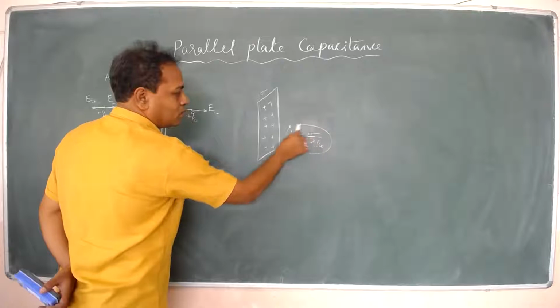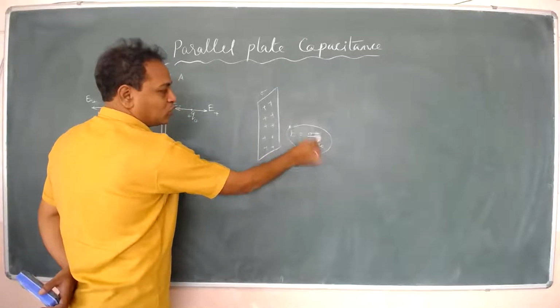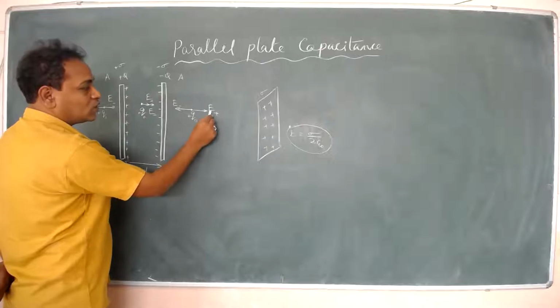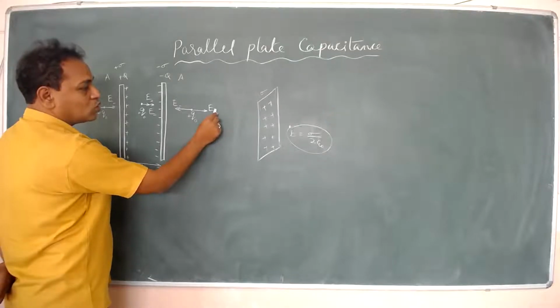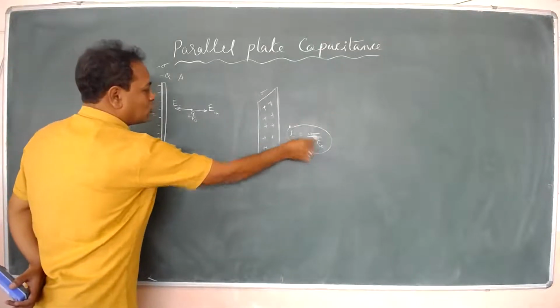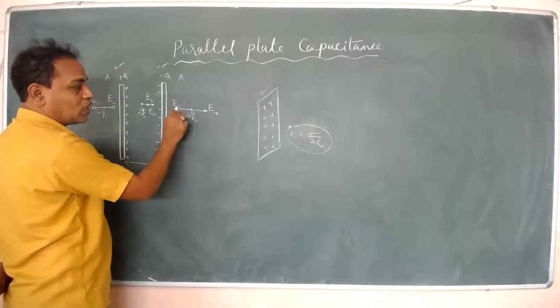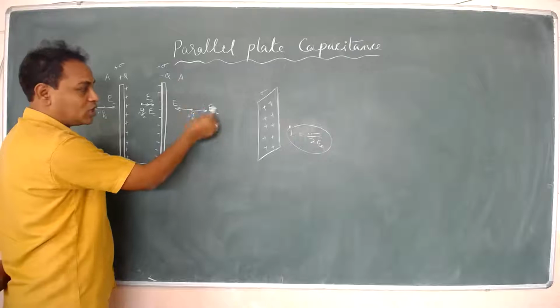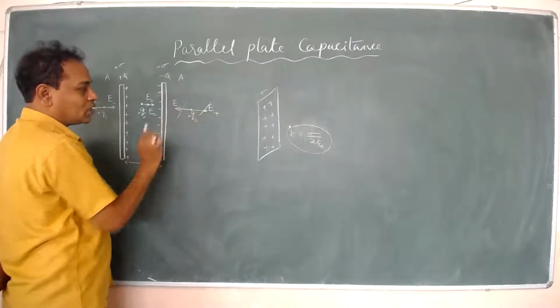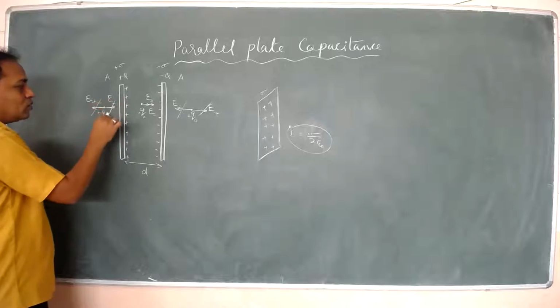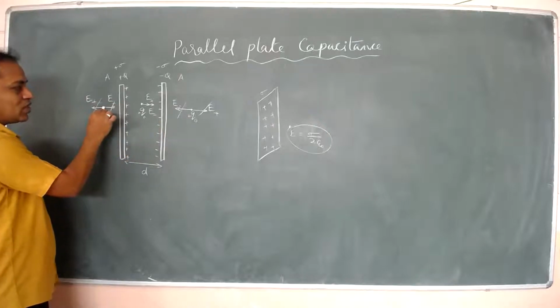For this plate, the electric field intensity at a particular point is given by the formula E equal to sigma by 2 epsilon naught. At this point also, the electric field is E equal to sigma by 2 epsilon naught. For this also, sigma by 2 epsilon naught. These are equal but opposite in nature, and they get cancelled. Similarly, here also the electric fields due to both get cancelled at this point.